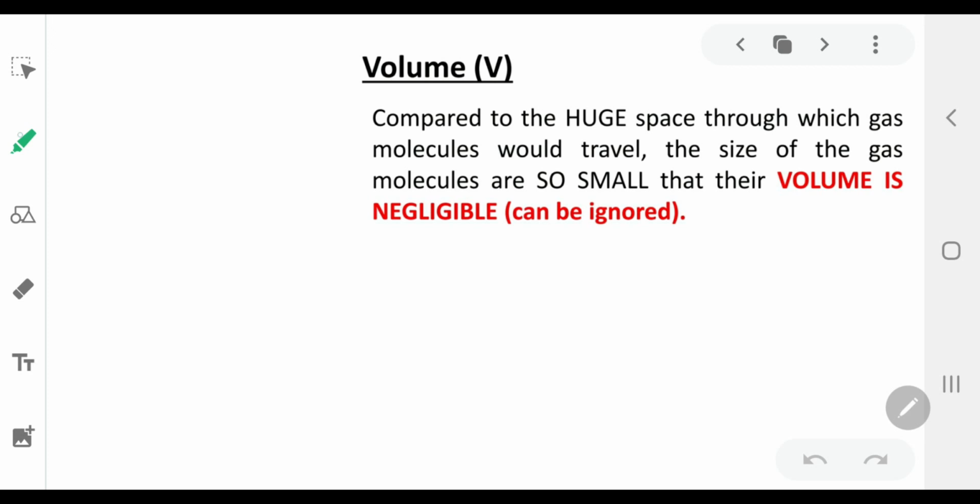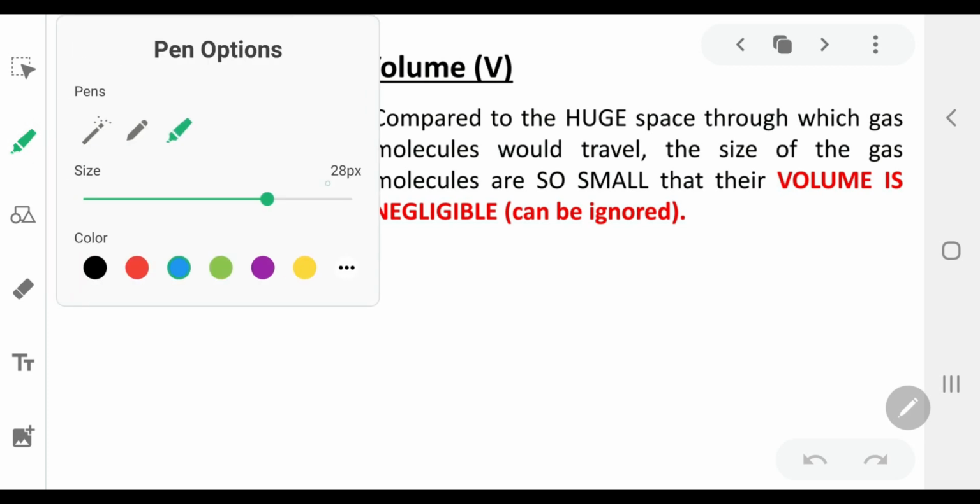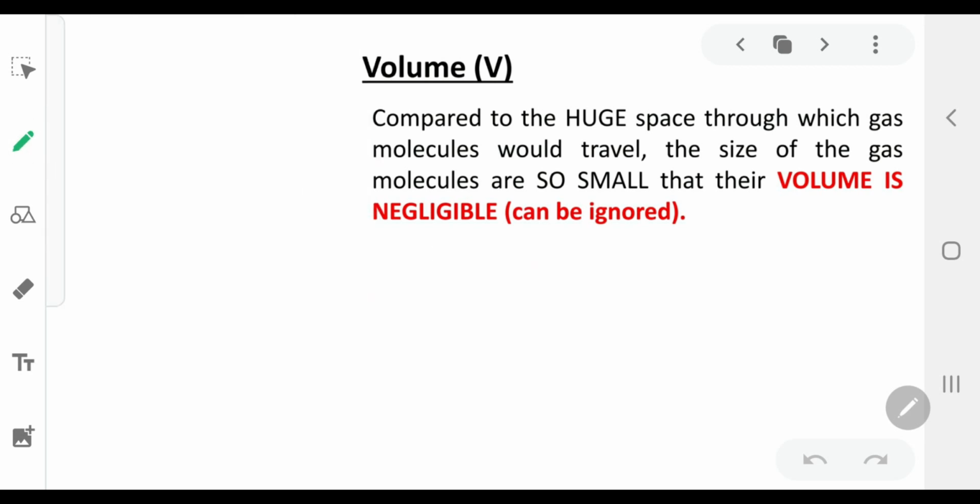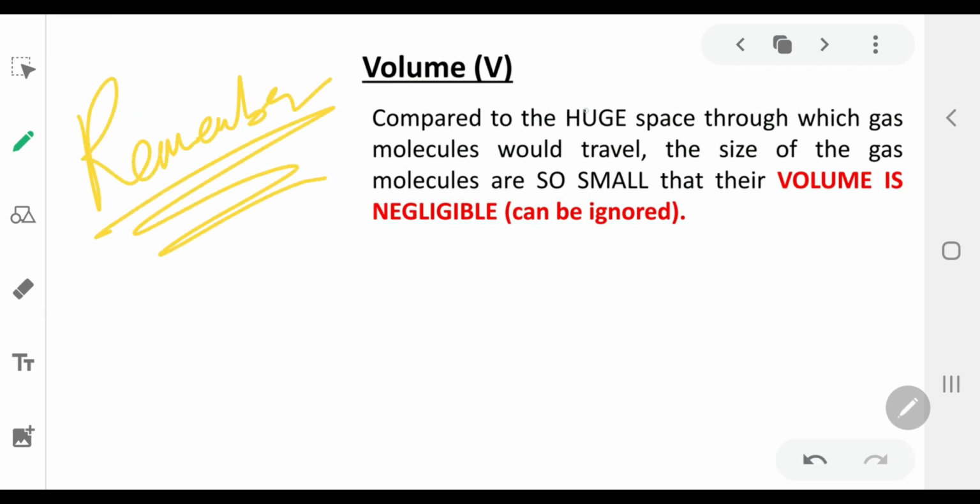Now, just now we have talked about this. You need to remember, the volume of the ideal gas is going to be so small, therefore the volume of the gas can be ignored, or negligible.